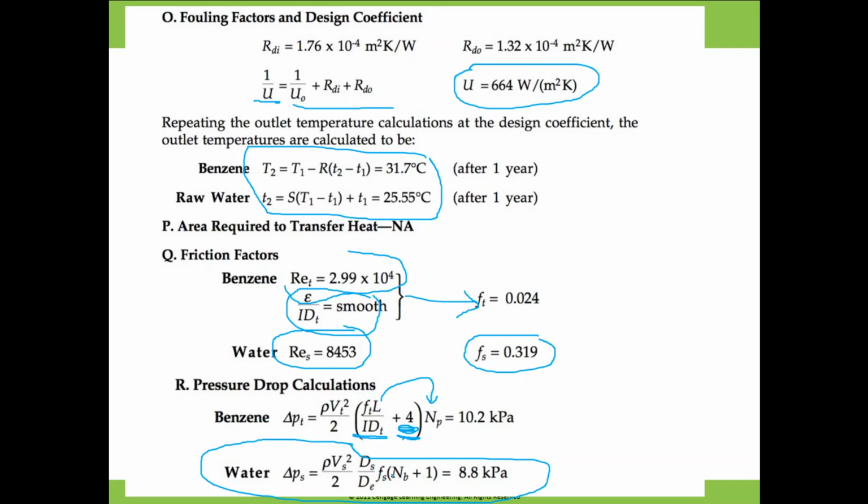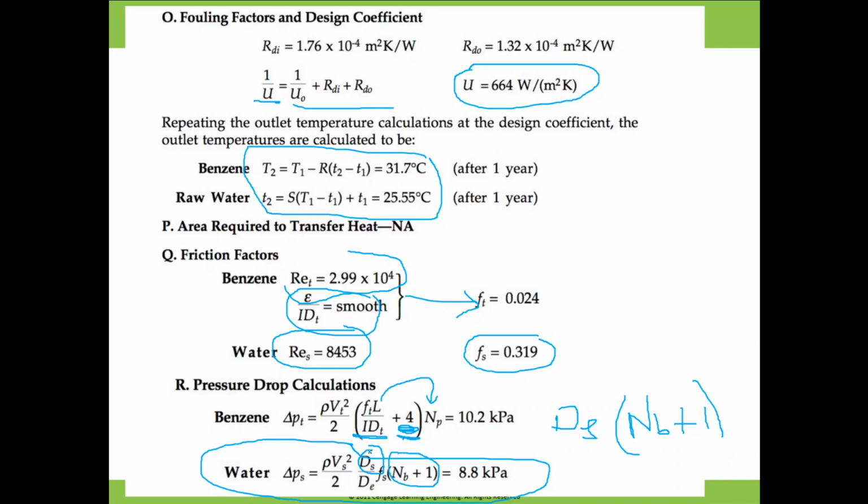Now for the shell side pressure drop, this expression we discussed in our previous lectures. The length of the flow path is Ds multiplied by Nb plus 1, where Nb is the number of baffles.